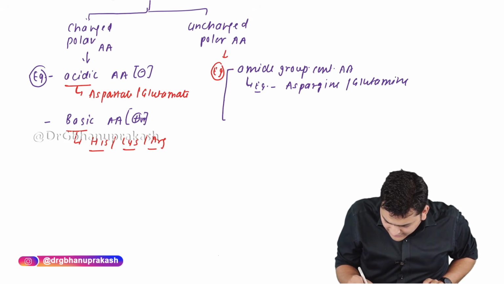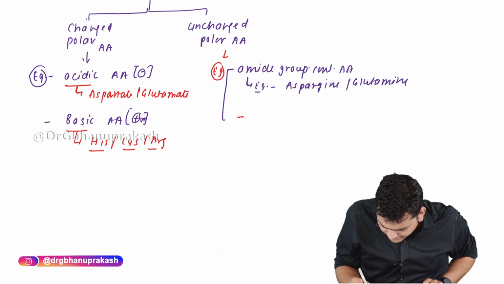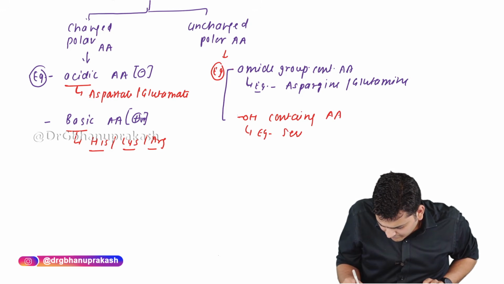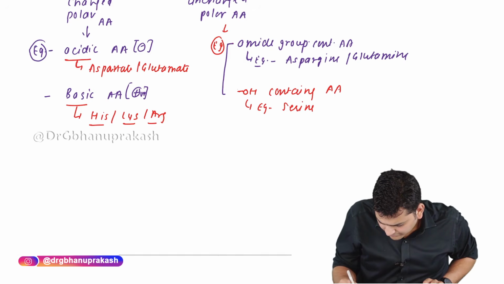The second category we can say is the alcohol containing amino acids. They are also polar amino acids. The examples are serine and threonine.